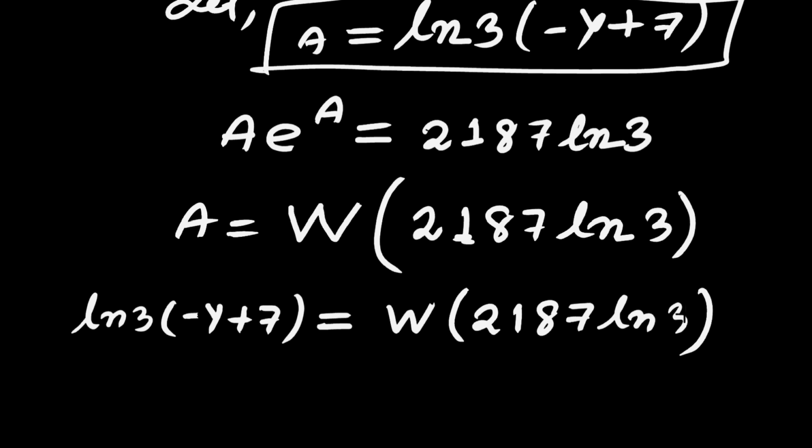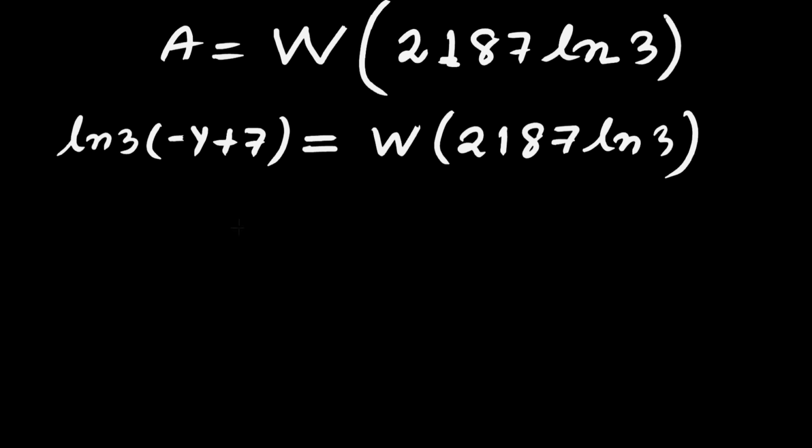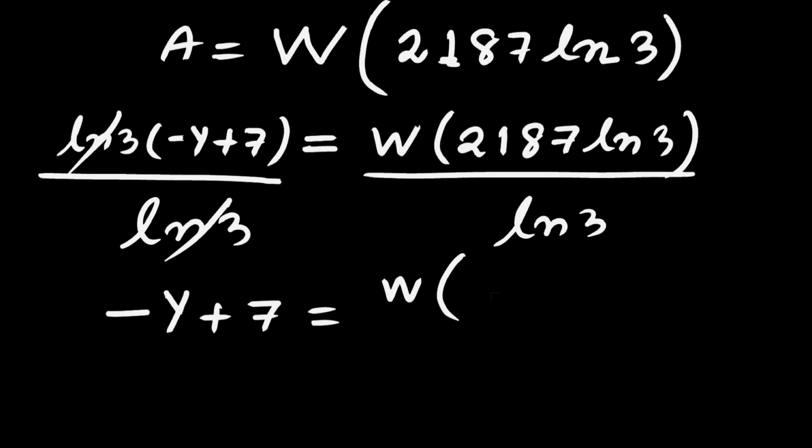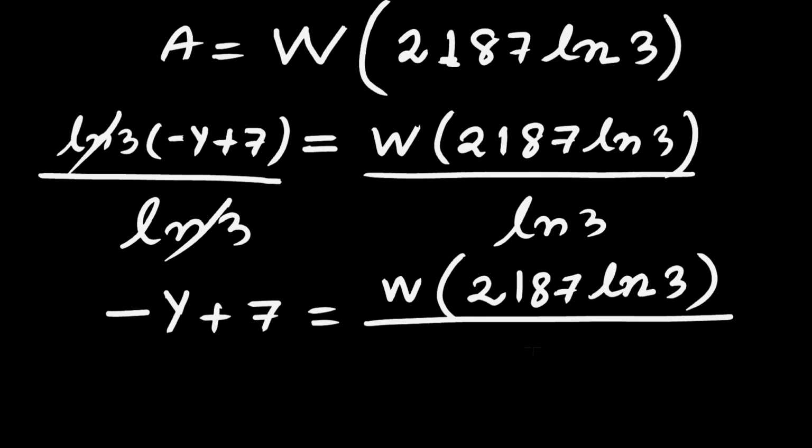Next, divide both sides by natural logarithm of 3. So we have minus y plus 7 equals Lambert W of (2,187 times natural logarithm of 3) divided by natural logarithm of 3.